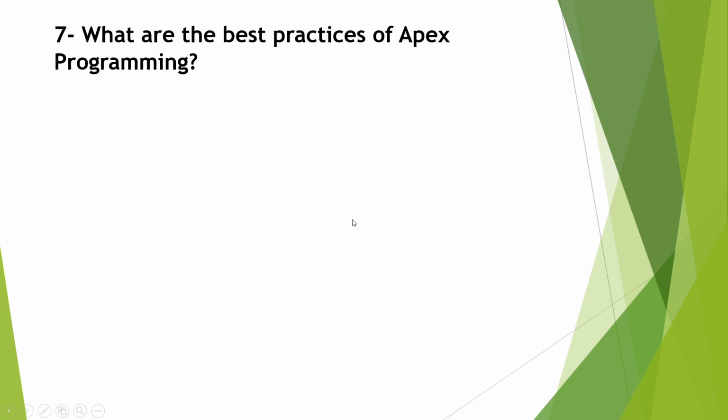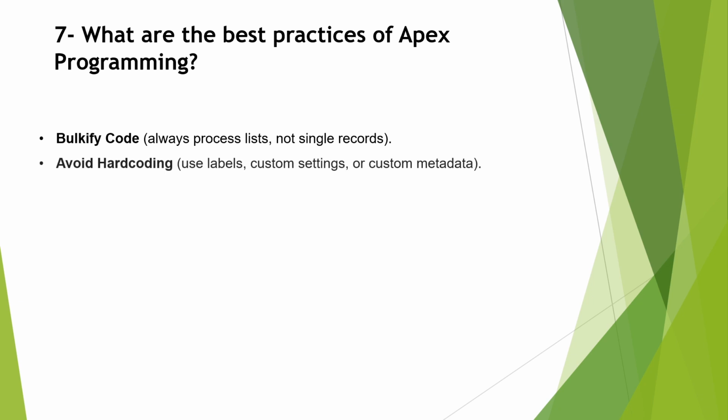Question number 7: what are the best practices of Apex programming? There are multiple best practices which we should always remember. First, bulkify code: always process a list, not a single record. Second, avoid hard coding; always try to use custom settings or custom metadata, the admin part.